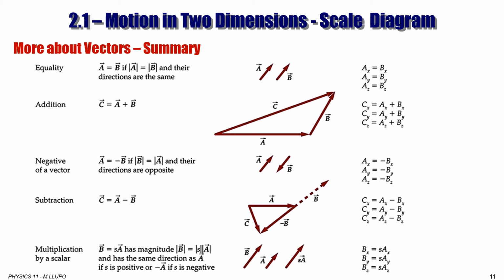The reverse of a vector: we already learned that if you flip the direction, that will be the negative of the previous one. So when we subtract a vector, you flip that vector to make it negative. For example, vector A and vector B have the same magnitude but opposite direction.